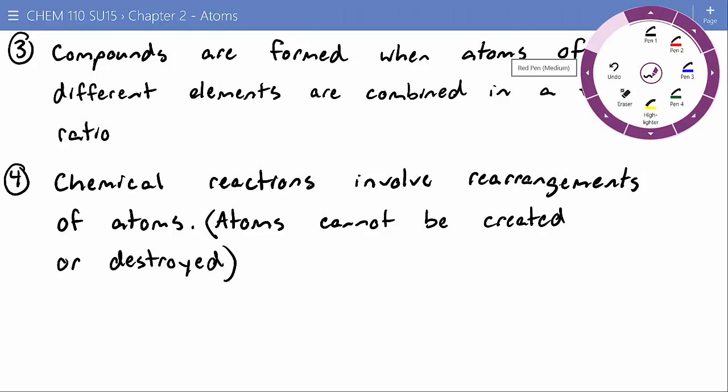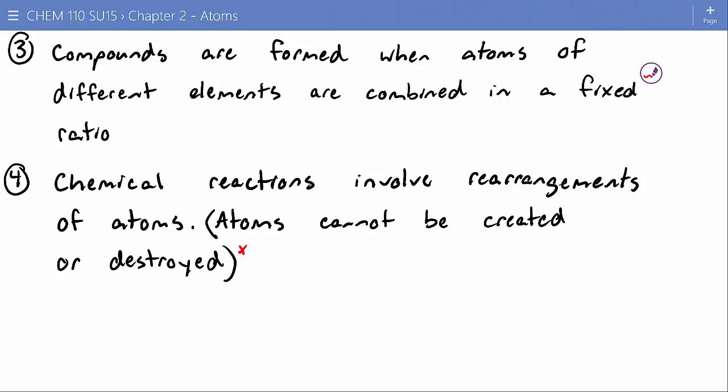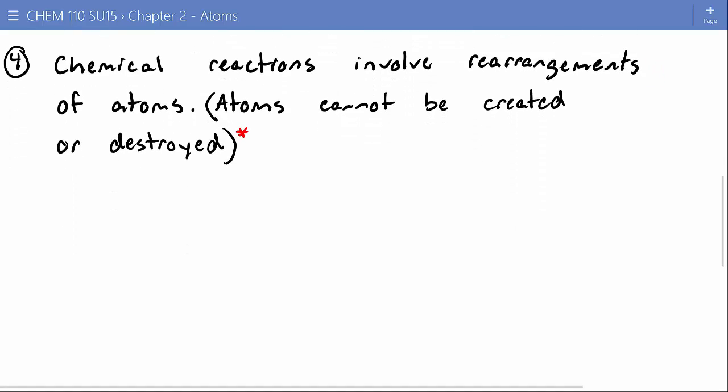But again, I'm going to put in an asterisk here, because this was 1803. He didn't know about the atom bomb. He didn't know about any of that stuff. So this doesn't really include any nuclear chemistry.